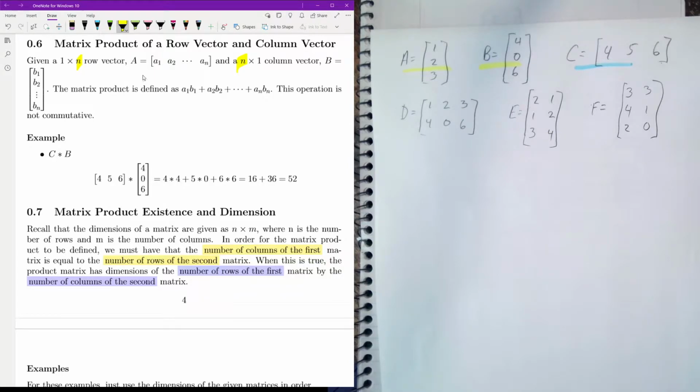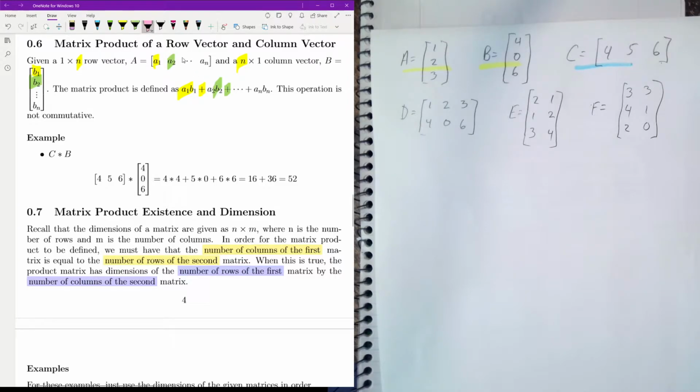When we have that, you take the first element, A1 times B1, and that gives you a value. When we multiply these together, we're going to end up with a scalar, just a single value, and we do that because we're doing an addition here. The next is A2, B2, so plus A2 times B2, plus.